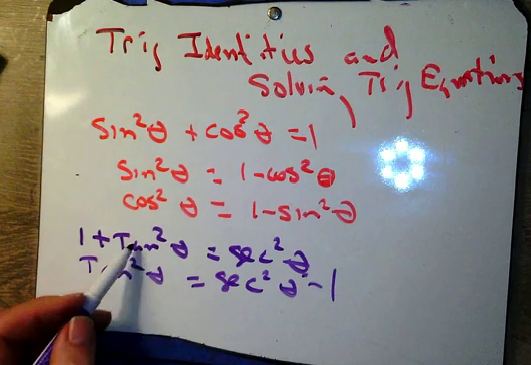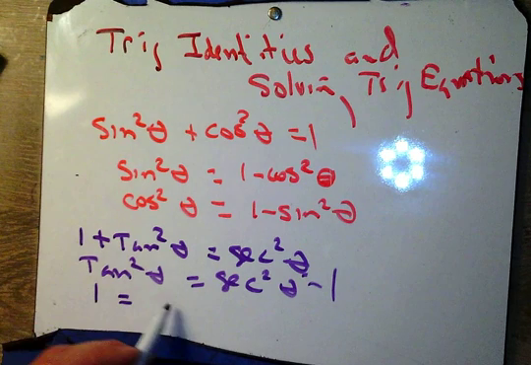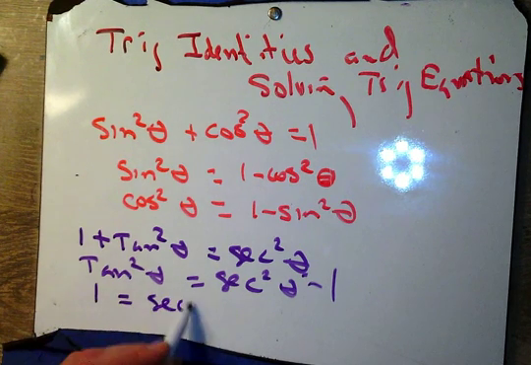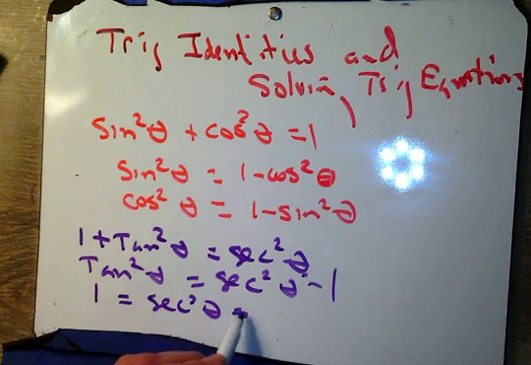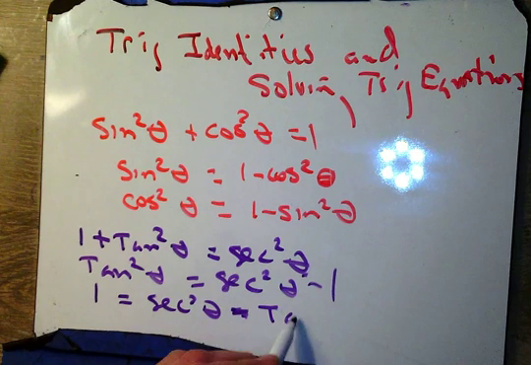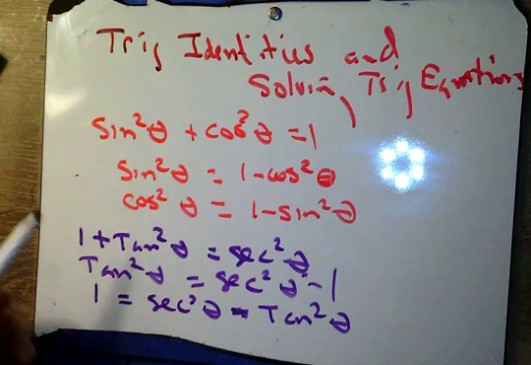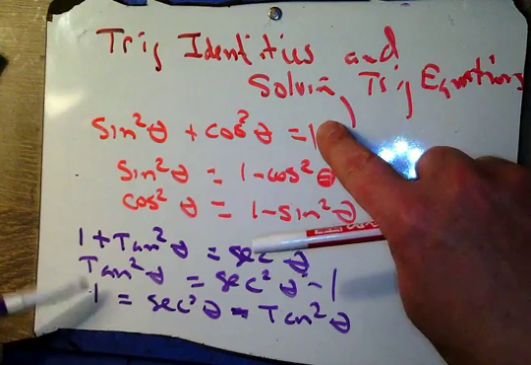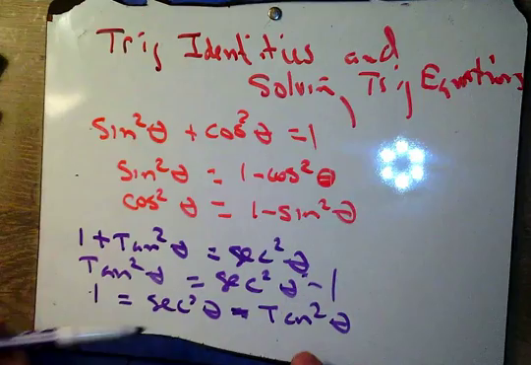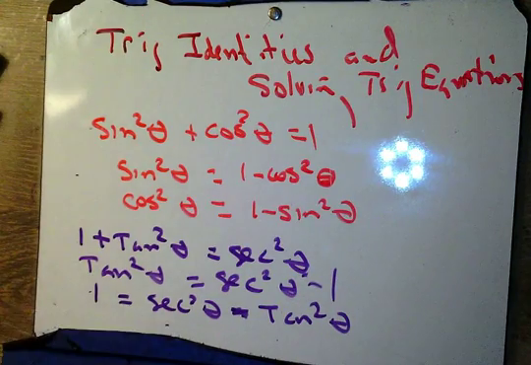And if you subtract tangent squared from both sides, that 1 equals secant squared theta minus tangent squared theta. And that's kind of interesting because both of these are equal to 1, so sine squared plus cosine squared is actually also equal to secant squared minus tangent squared.